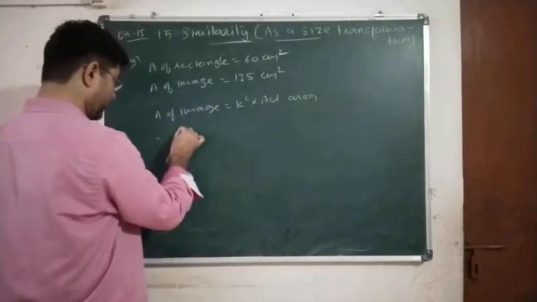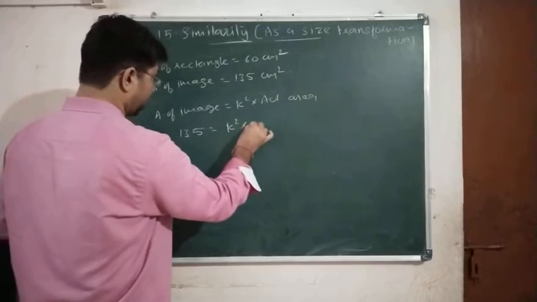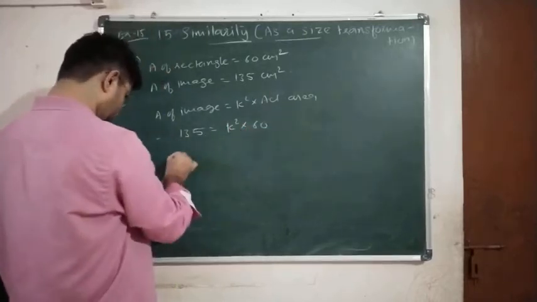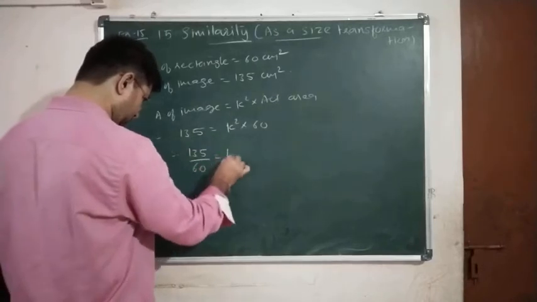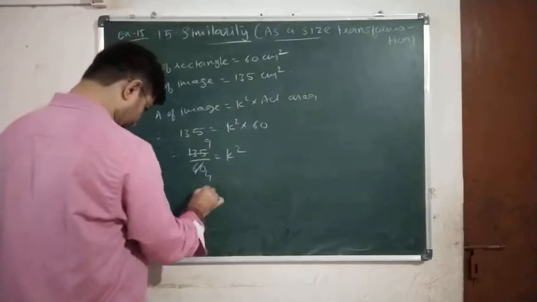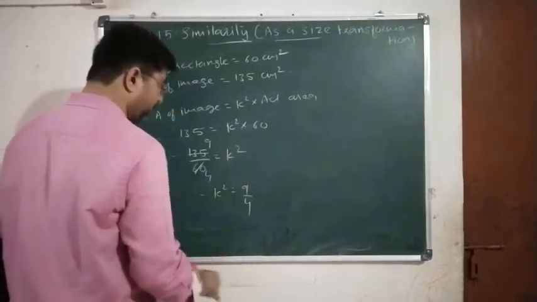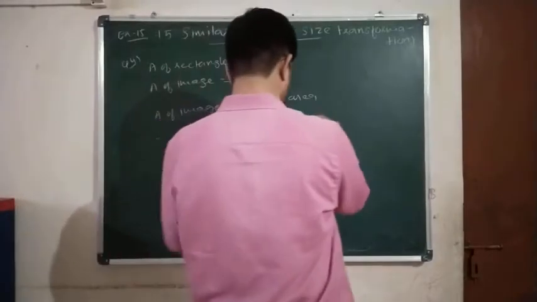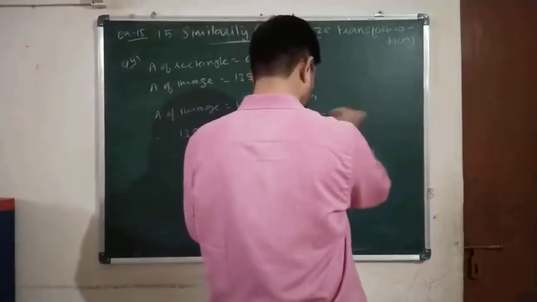So area of image 135 is equal to k square into 60. Therefore 135 upon 60 is equal to 15 4s are 15 9s are. Therefore k square is equal to 9 by 4, and therefore k will be equal to 3 by 2.